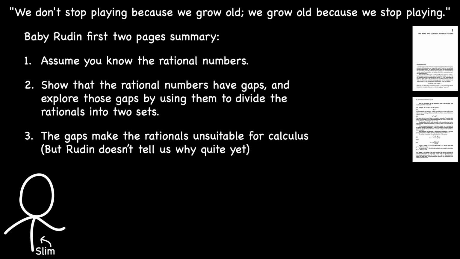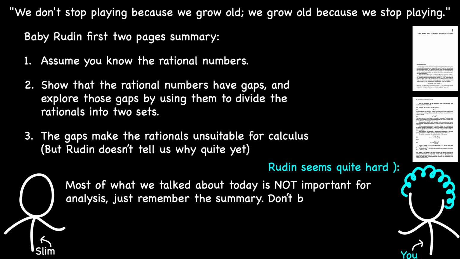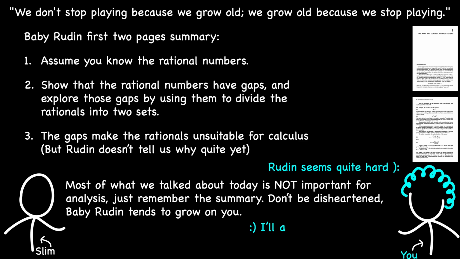Our discussion today delves into a specific result related to these gaps. However, it's worth noting that most of what we explored here isn't mandatory for comprehending Rudin's overall argument. If it feels a bit dense, don't be disheartened. Baby Rudin tends to grow on readers as they progress in their studies.